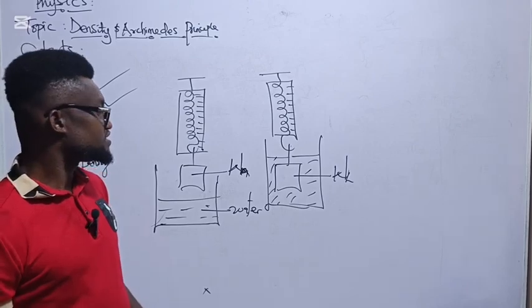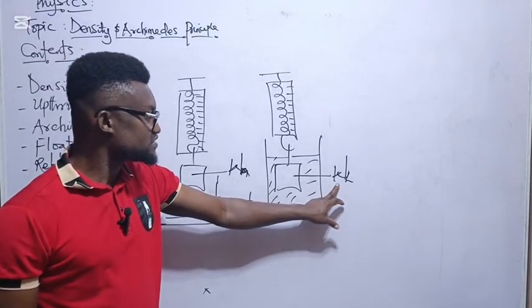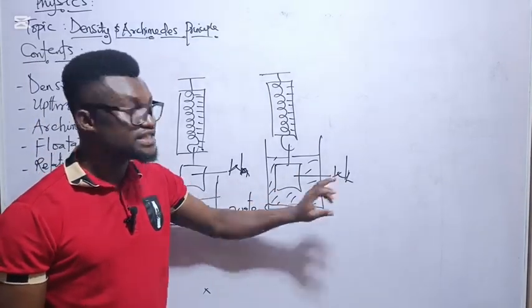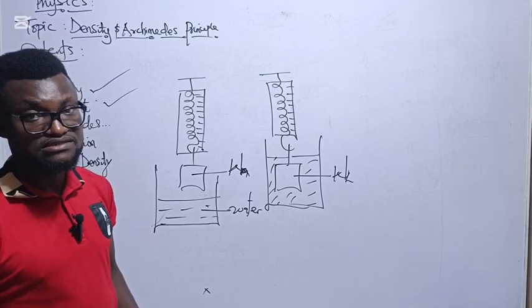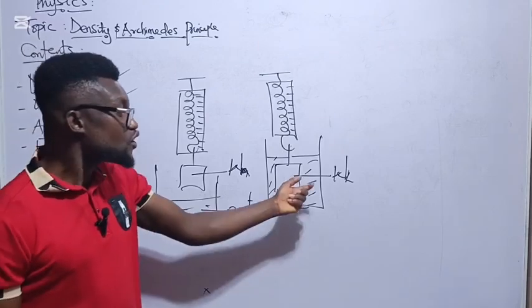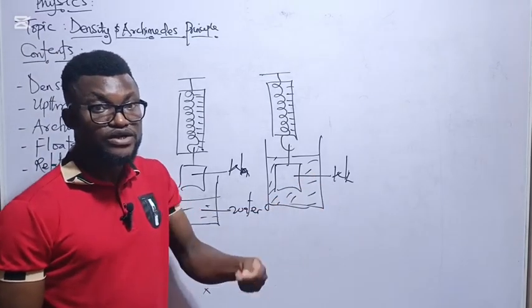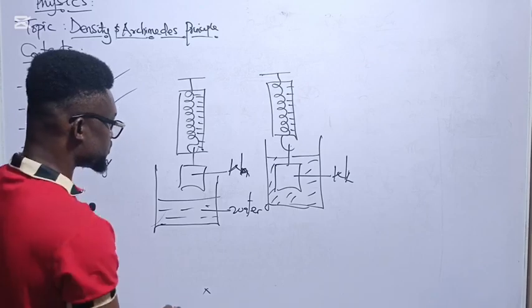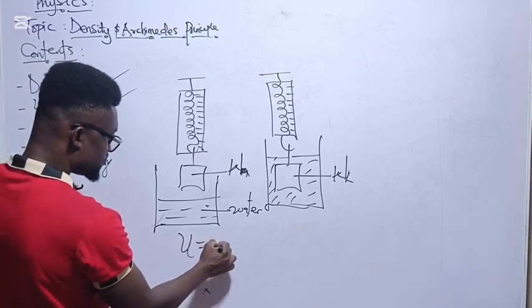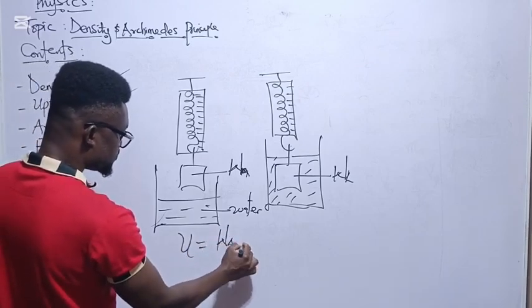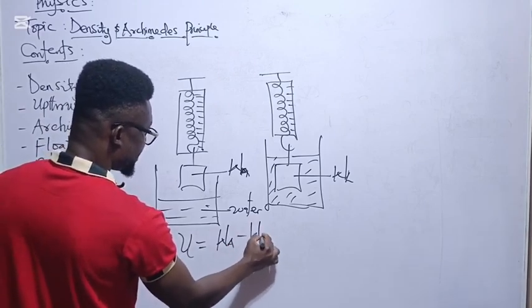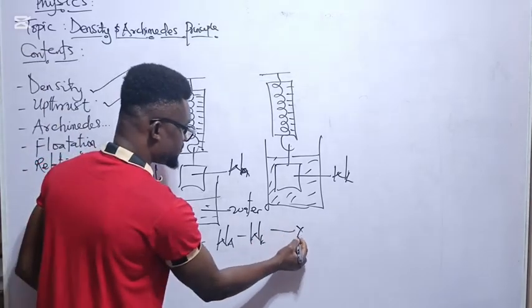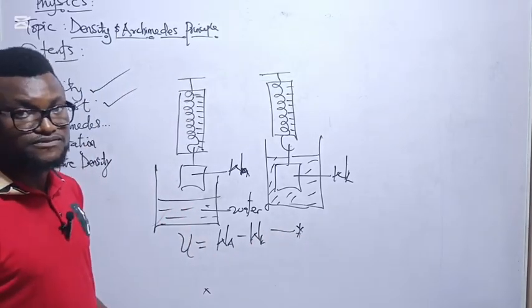So in that very case, the upthrust results as the difference between the weight in air and the weight in liquid. So that loss in weight is what we call upthrust. So to measure that very upthrust, we now have weight in air minus weight in liquid. This gives you the formula to calculate the upthrust.